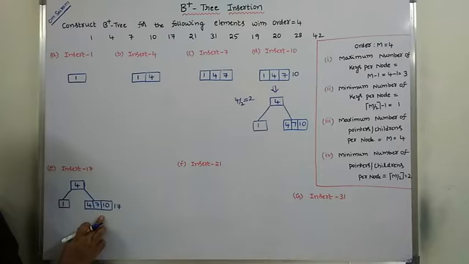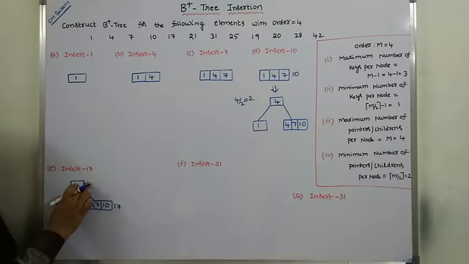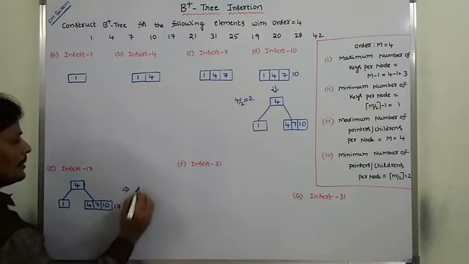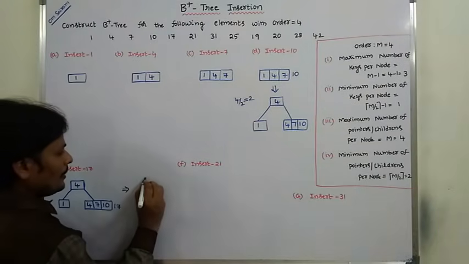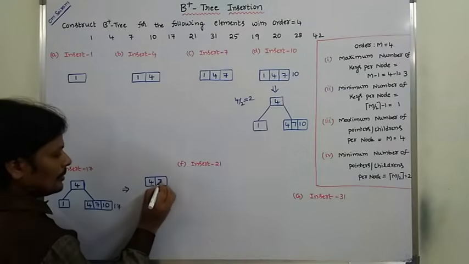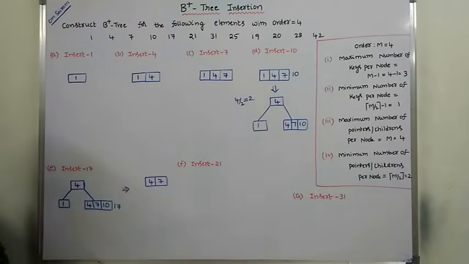The middle element, the second element, is 7. So 7 can go up and be added to the root node.